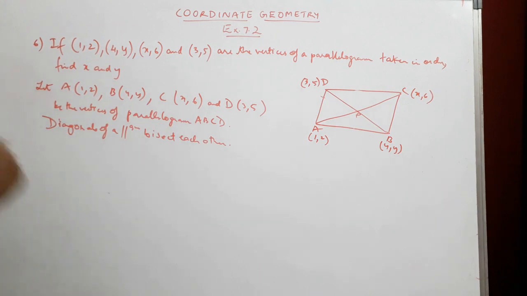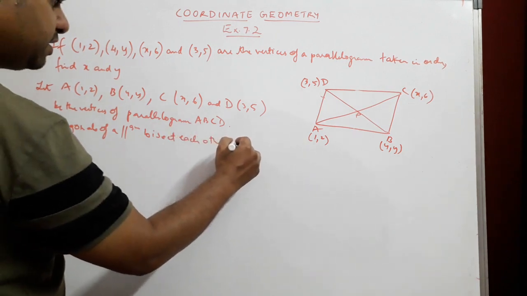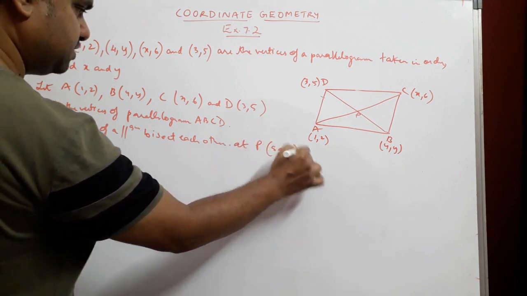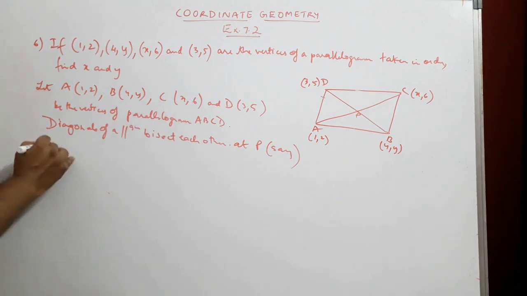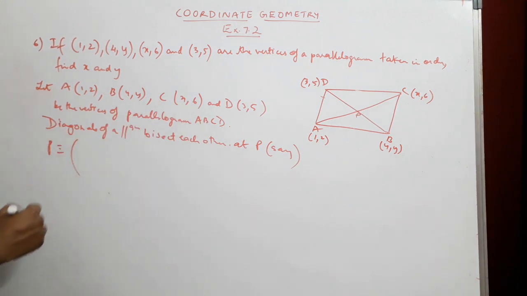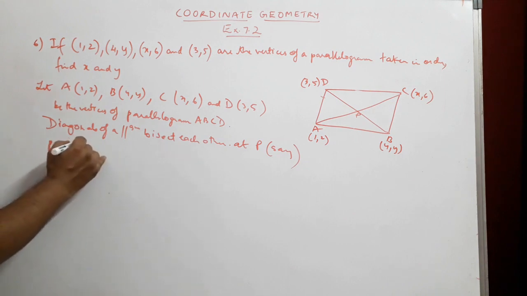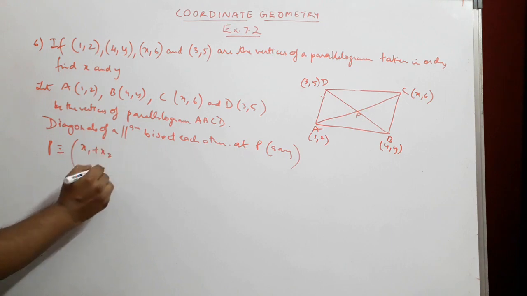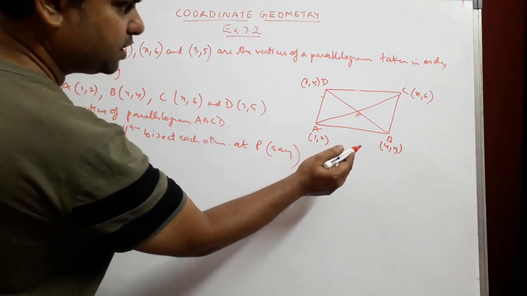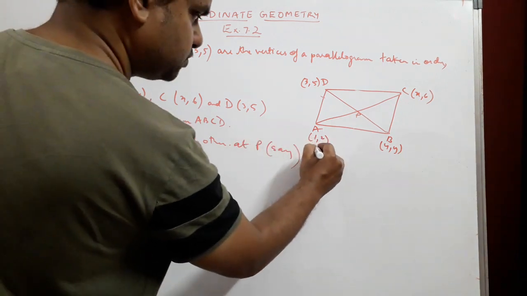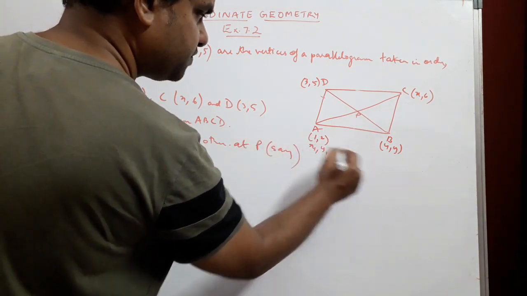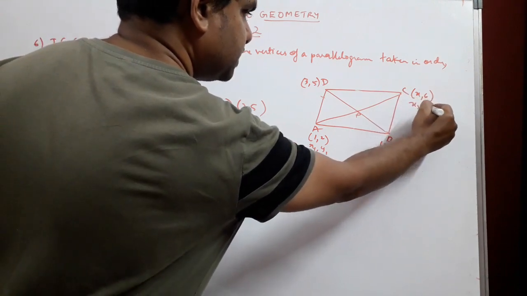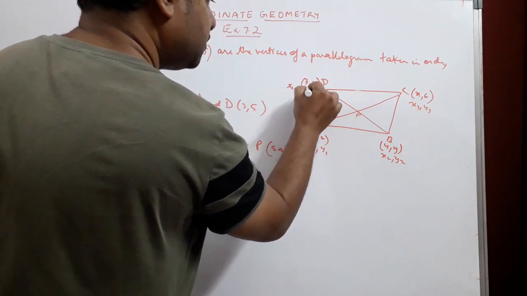So at P, I will put, because we are just assuming that point, if we take P corresponding to the point, that would be x1 plus... not x1 and x2, because if we take this as (x1, y1), this will be (x2, y2), this will be (x3, y3), and this will be (x4, y4).